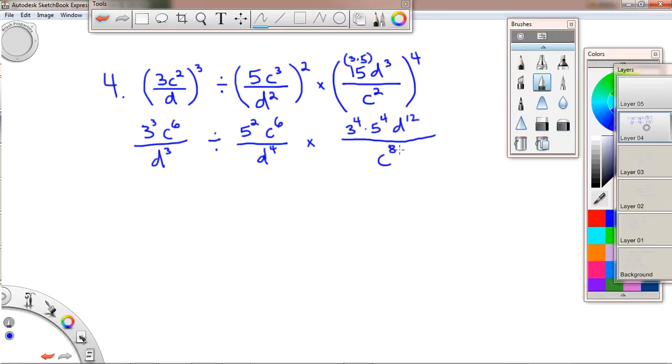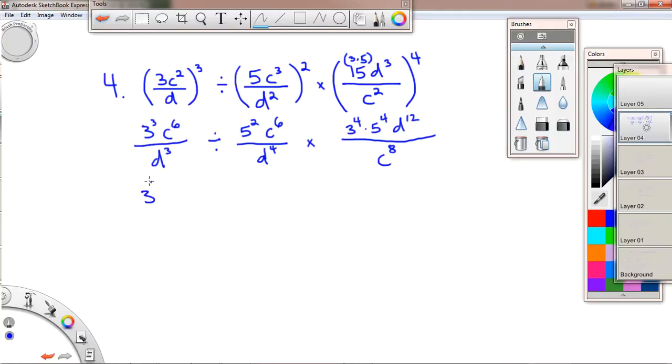Okay, once we've done that, I'm going to go ahead and flip this fraction here because this is being divided. It's this fraction divided by this fraction. So I'm going to take the reciprocal of this fraction and change this to multiplication. So here we go.